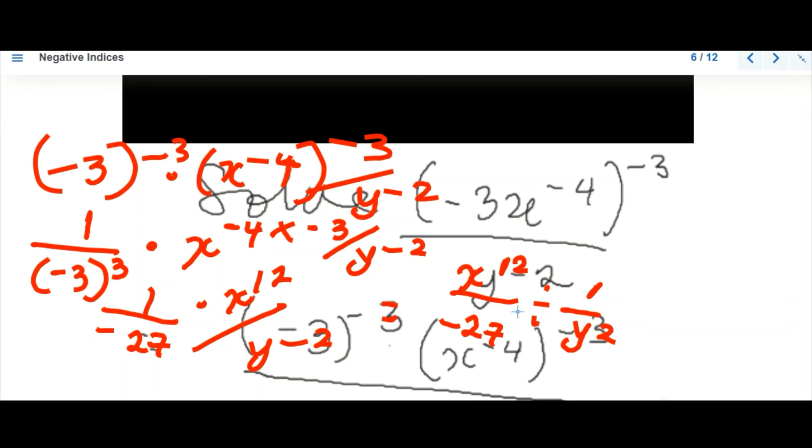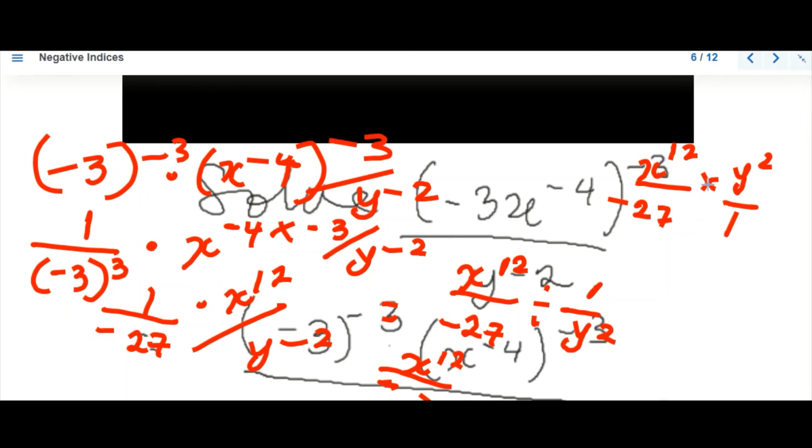This inverse has been rewritten as this. Now, if you want to solve this, the division sign changes to multiplication. So y raised to power 2 comes up, y to the power 1 comes down. So we have x raised to power 12 over minus 27 multiplied by y squared over 1.